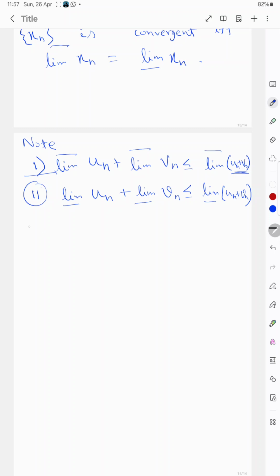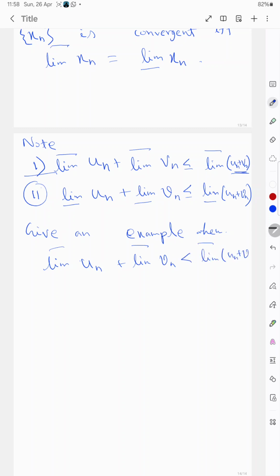Suppose they ask to give an example where limit un plus limit vn is strictly less than limit un plus vn.